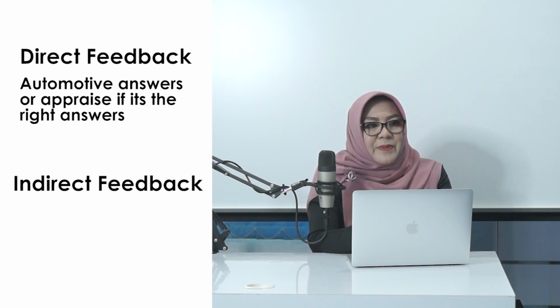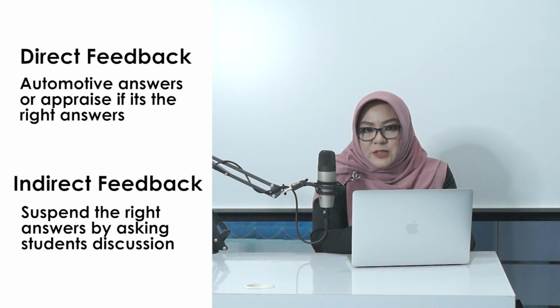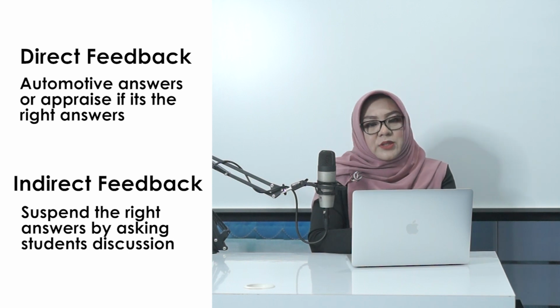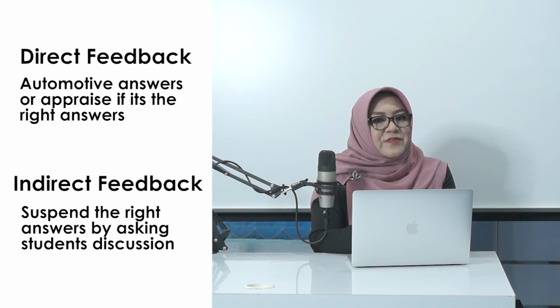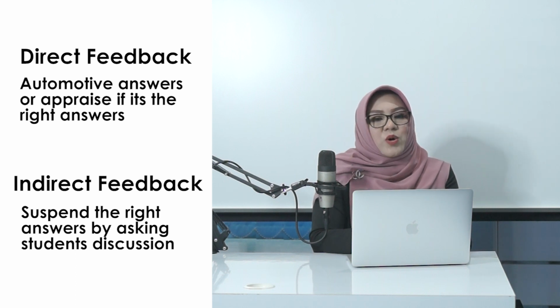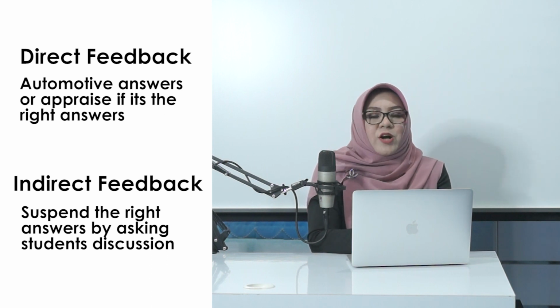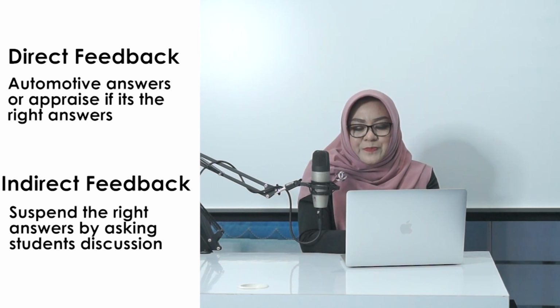Indirect feedback means that we suspend the right answers by, for example, asking students to have a discussion with their peers. And then we can give feedback on the answers of the reading comprehension questions, for example.